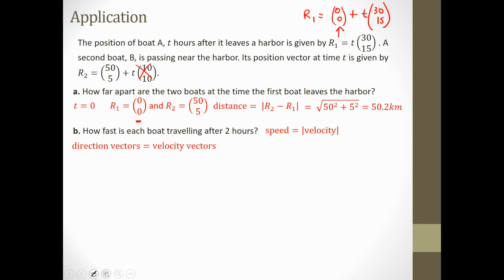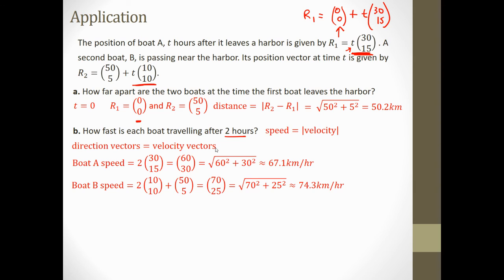So if you're asked about speed or velocity with vectors, you have to think of these two vectors right here. So all we need to do is plug in 2 for t first, because it says after 2 hours. So for boat A, I'm plugging in 2 for t, so we get 60, 30, and then you find the magnitude.